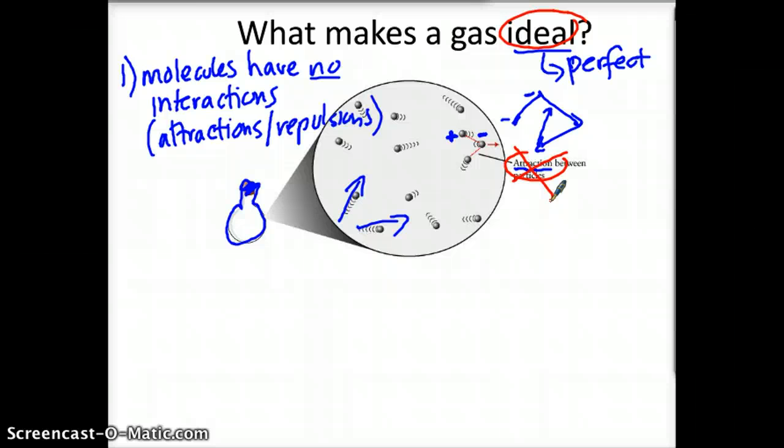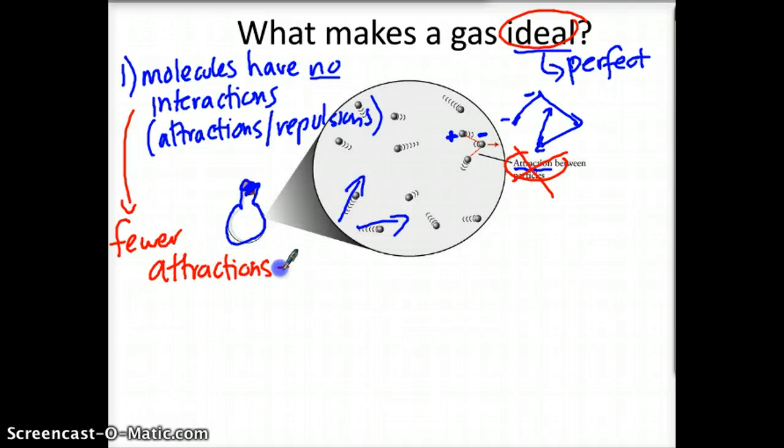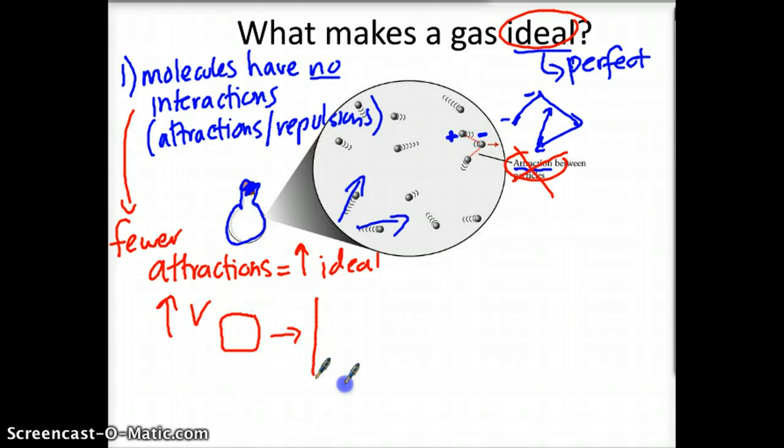Another way of thinking about it is the fewer attractions you have between molecules, the more ideal a gas becomes. So what are some ways that you can decrease the number of attractions? If you make the volume bigger, going from this size to this size, the molecules are going to be less likely to interact because they're further away from each other.